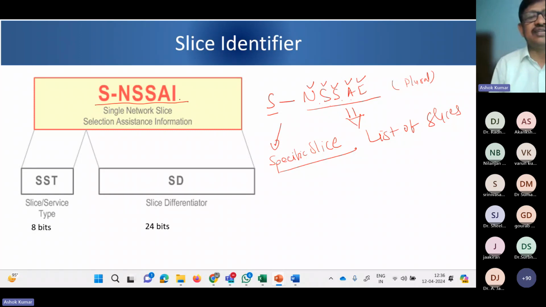That's why the name given is S-NSSAI. So many short forms, long forms, so don't worry. It has two parts. One, we call it slice type or service type. 8 bits are there for it. And the other is the slice differentiator, which has 24 bits.